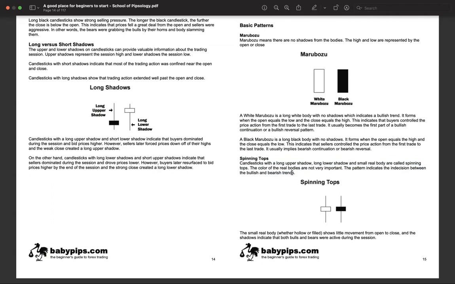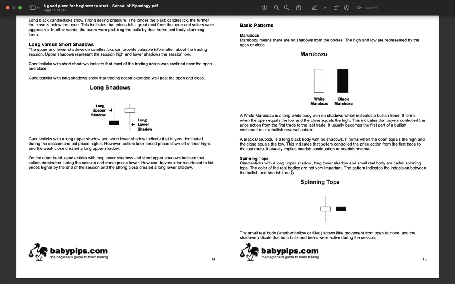Whenever you find a spinning top candle, it means there is indecision. Indecision means the buyers are not sure whether to buy or to sell.